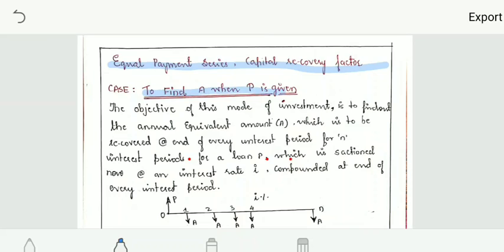So equal payment series capital recovery factor means you know the capital which you have at present. This capital will earn interest over time. Now what should be the equal year end payment you should get in the future, so that the capital which you have at present, and also the interest which it earns, is exhausted over the period of time?